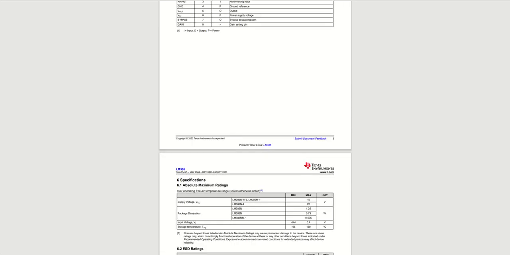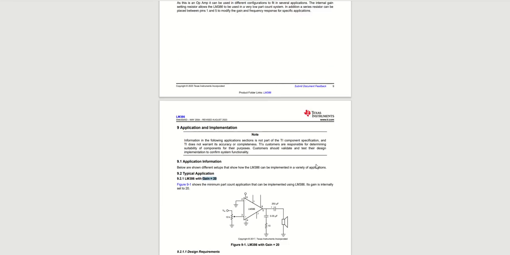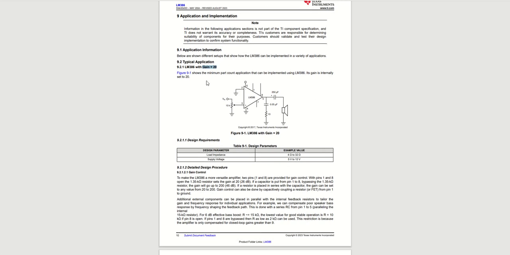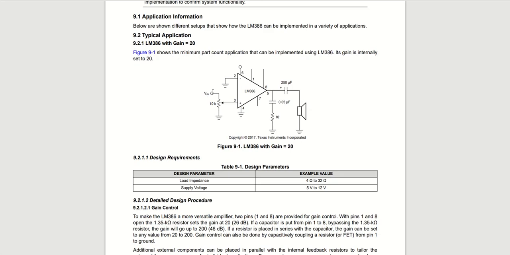And we're going to go to some of their suggested configurations. So here's their first application, and it is a configuration with a gain of 20. So we can see you're sending the input into the non-inverting pin, you're grounding the inverting pin, and then you're just taking the output.